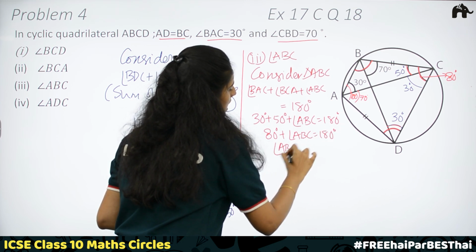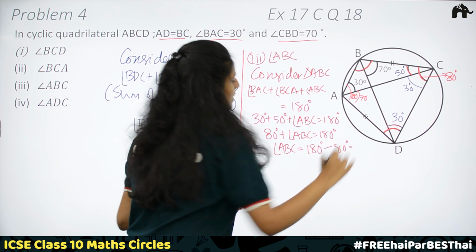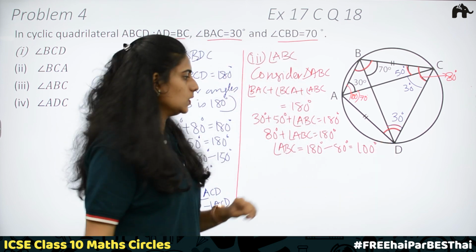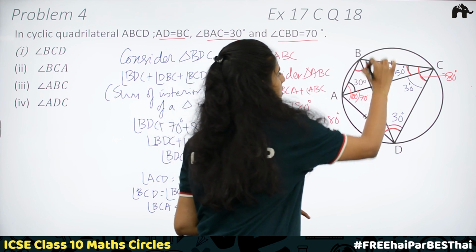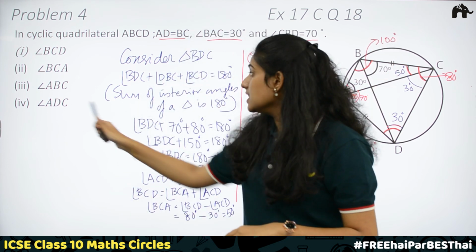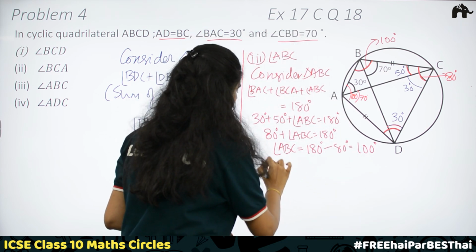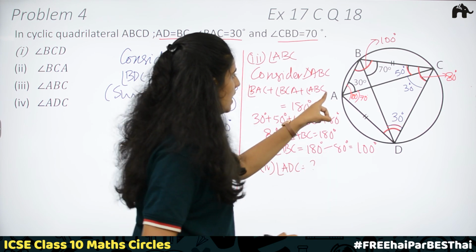Angle ABC will be equal to 180 degrees minus 80 degrees, and that is equal to 100 degrees. Okay. Angle ABC, this one, is 100 degrees. Now we have to find angle ADC. Fourth one, angle ADC. What is the measure of angle ADC?